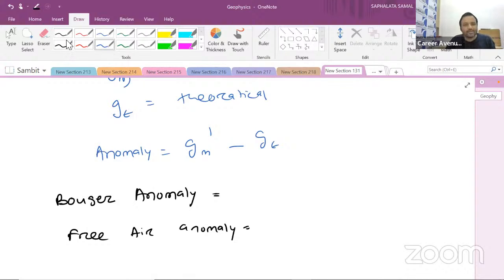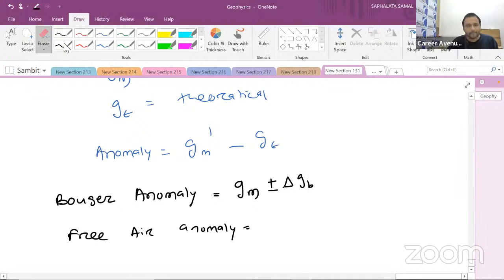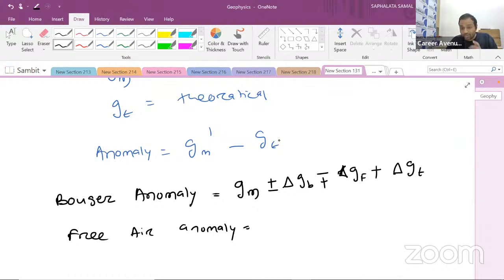The Bouguer anomaly is basically the measured gravity value plus or minus the Bouguer correction, minus or plus the free air correction, plus the terrain correction, minus the theoretical value. This is the Bouguer anomaly.